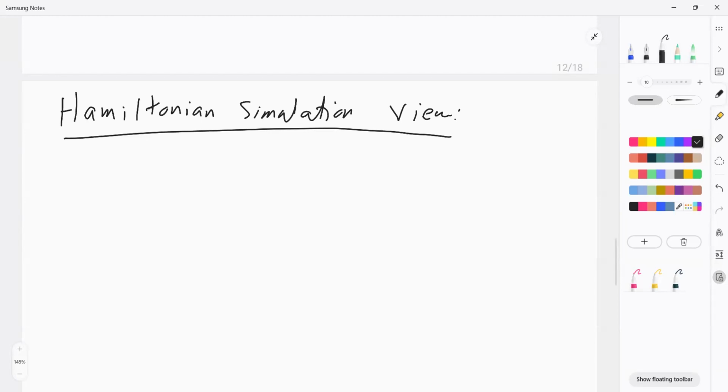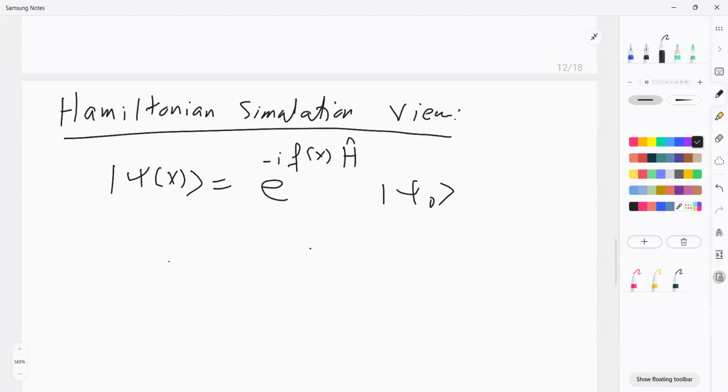And just to briefly recall, if we have a Hamiltonian of a system, then what I essentially mean by Hamiltonian simulation is this: suppose I have a Hamiltonian H, and I apply it to some initial state psi naught, and I let it evolve for time t equal to f of x. So this evolution time is now a function of my input data, the data that I want to encode.